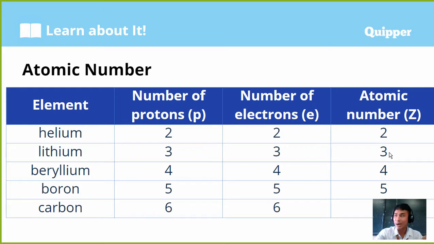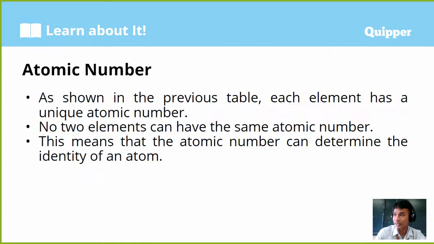What is the same in a neutral atom? The proton is the same as the electron, and the same as the atomic number. The three are the same. What will differ is the mass number and the neutron. So, let's have a look at that.